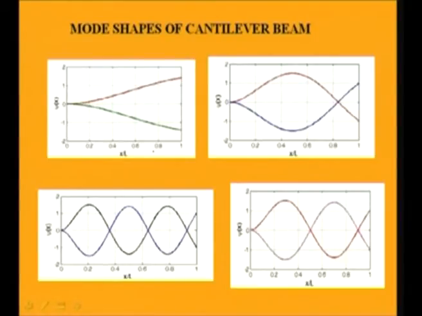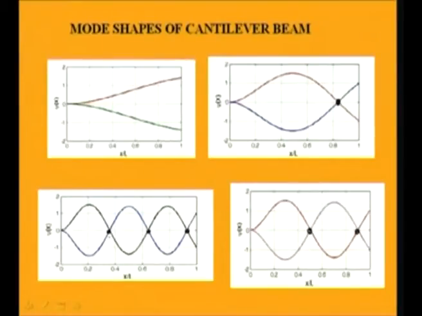In the second mode it will form a node at this position, and in the third mode you can see the nodes are formed at 2 positions, and in the fourth mode there are 3 nodes present in the system.